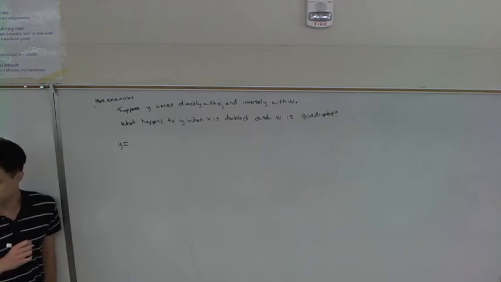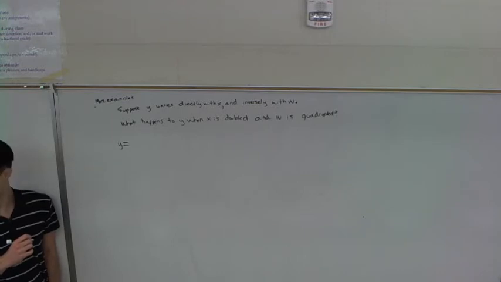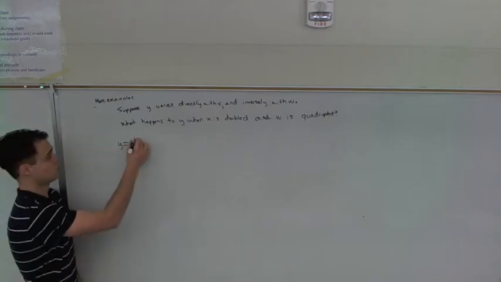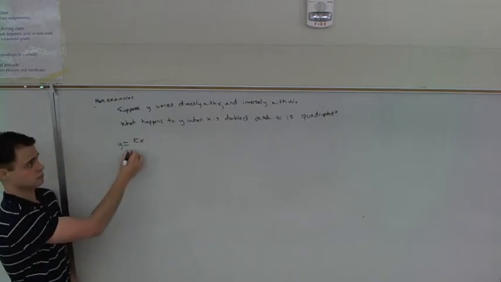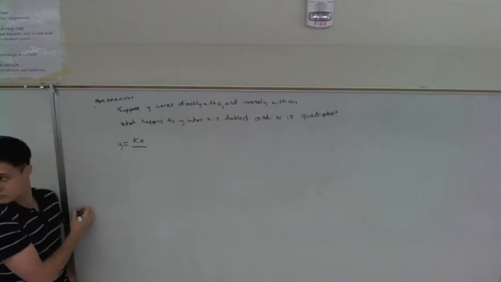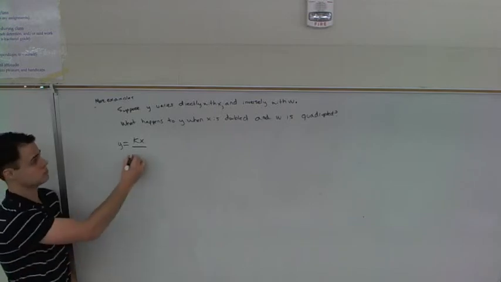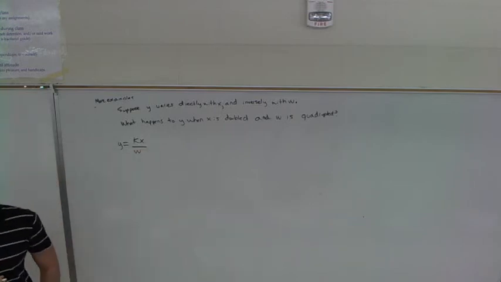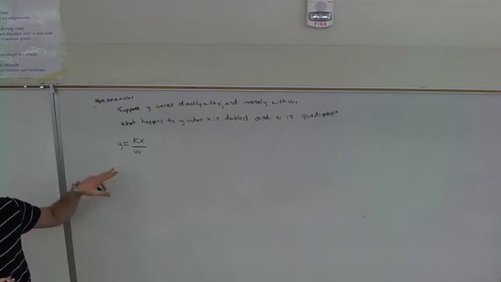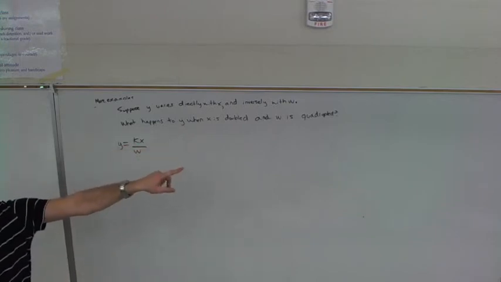Colin, you want to help me out? What do you always got? k times x divided by w. Yep, there we go. And now it says take that, double x, quadruple w, so we'll do that.